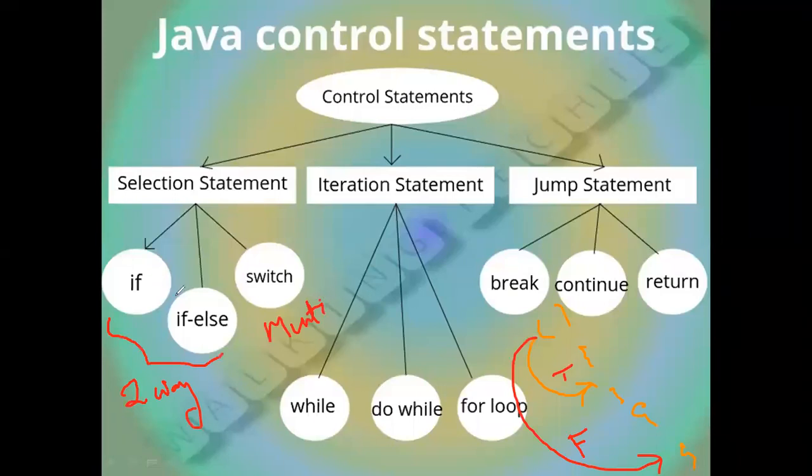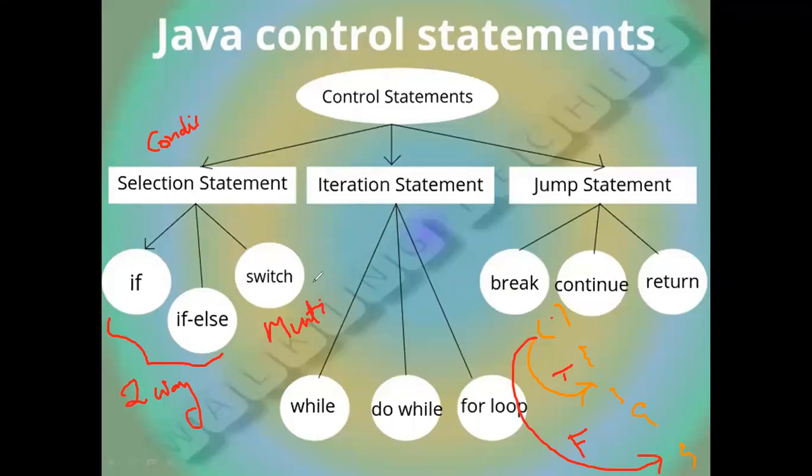If else comes under two-way selection, because if a condition is true, it will execute one block, and if a condition is false, it will execute the other block. There are only two chances for this, so we call it a two-way selection statement. There is one more name for these selection statements, that is conditional statements.